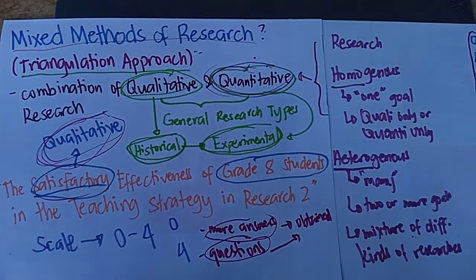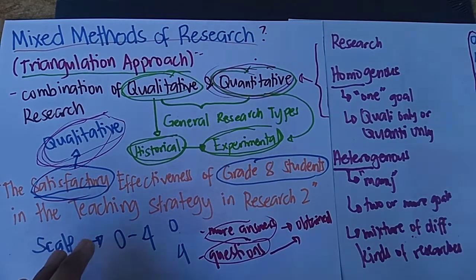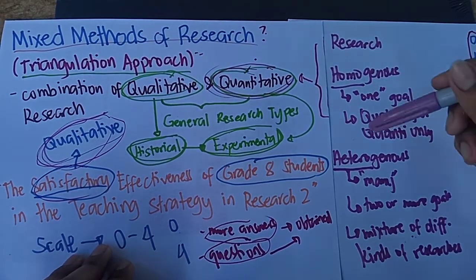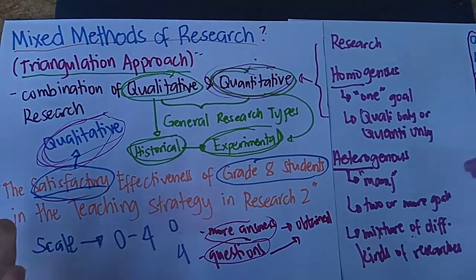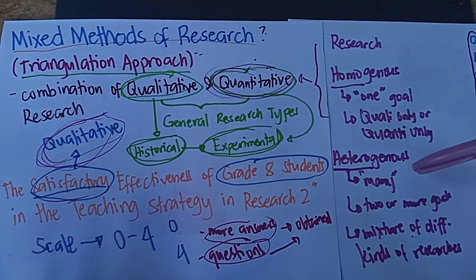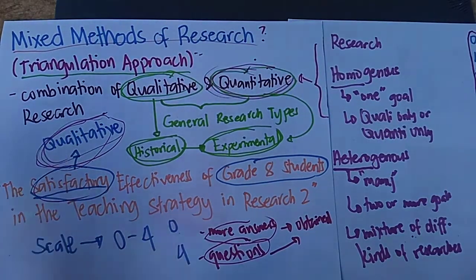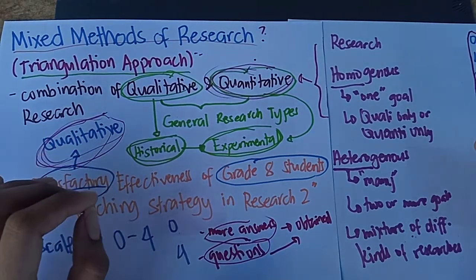And these general research types can be homogeneous or heterogeneous. Homogeneous can stand alone, meaning it can be qualitative only or quantitative only. Heterogeneous means it is a mixture of both qualitative and quantitative researches. So that is the main essence of mixed methods of research.